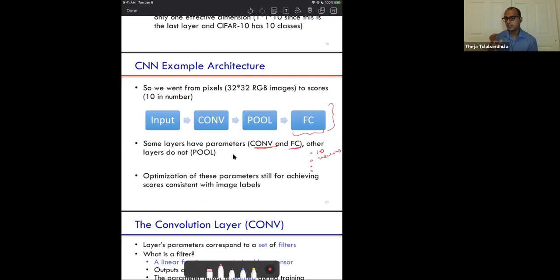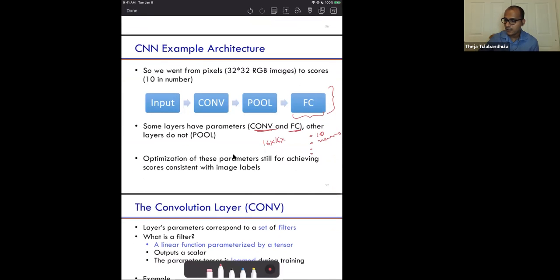And each neuron will be associated with 16 times 16 times 12 numbers. So there's going to be a weight matrix associated with this fully connected layer, with 16 times 16 times 12 elements in each row, and there's going to be 10 such rows.